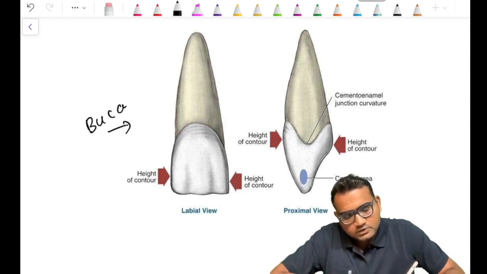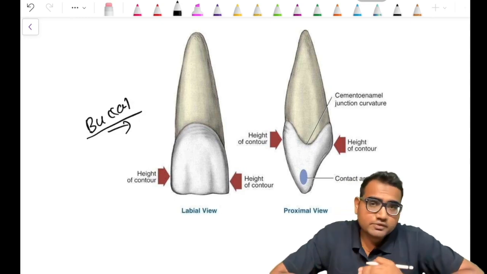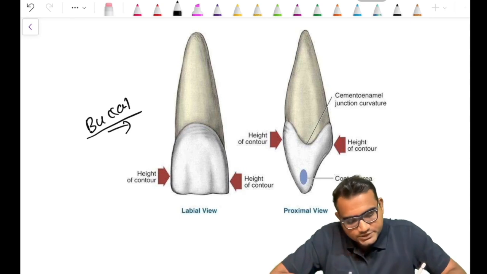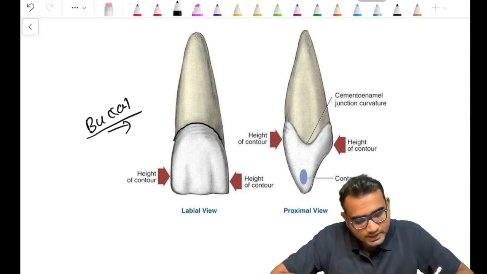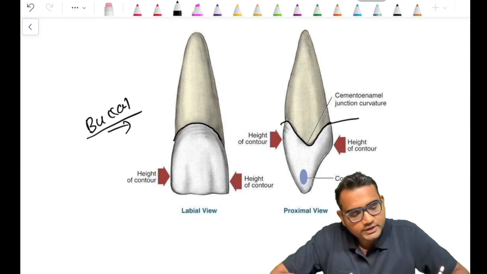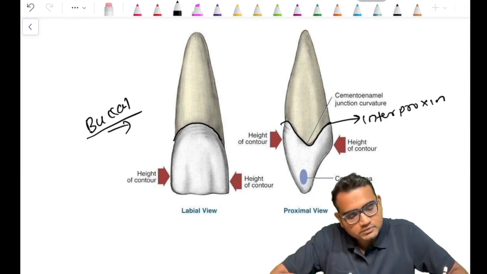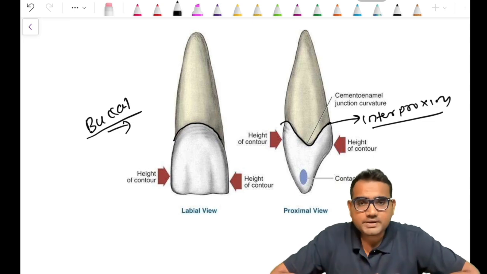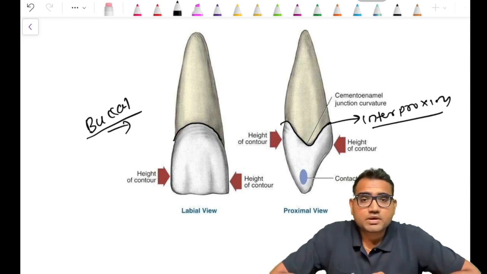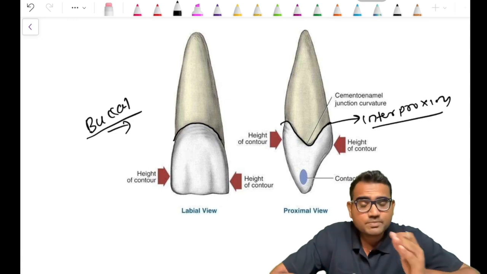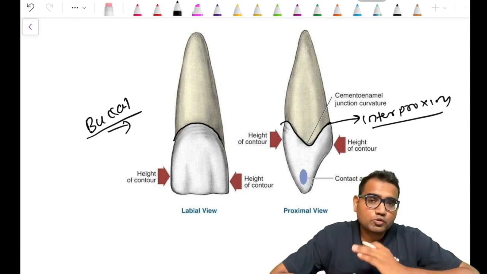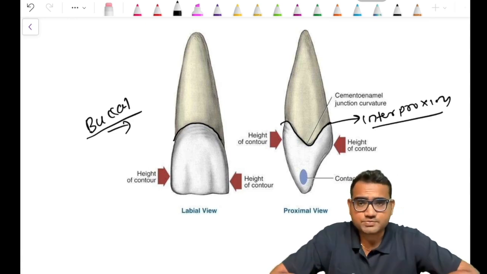Okay, so if you look at the buccal view of a tooth, the CEJ is much higher than the CEJ which is located interproximally. Fine. So CEJ, as I told you, is one of the constant reference points which is very important when we measure the probing depth or the clinical attachment level.